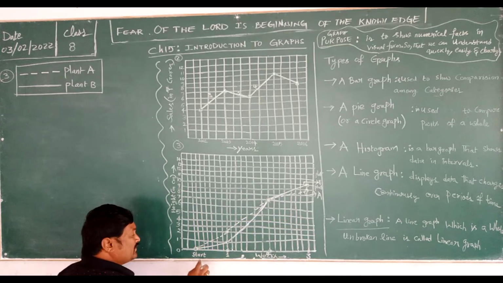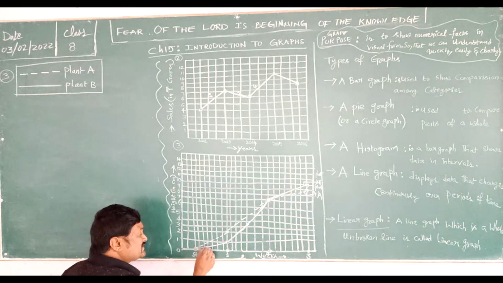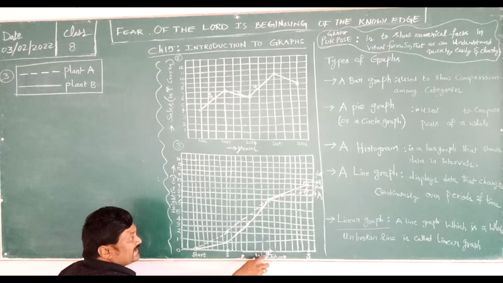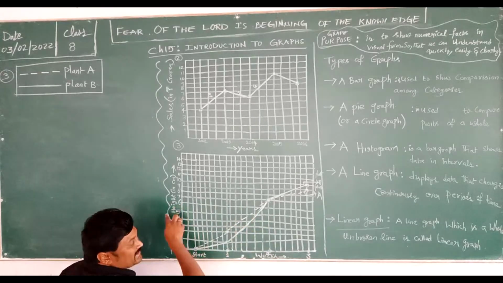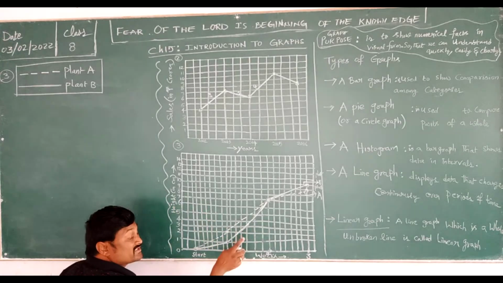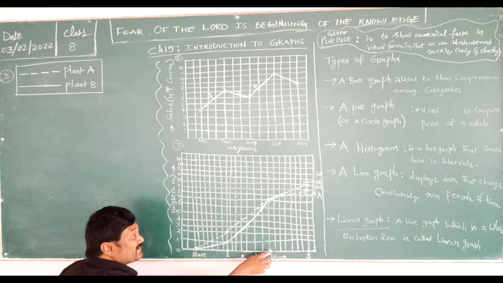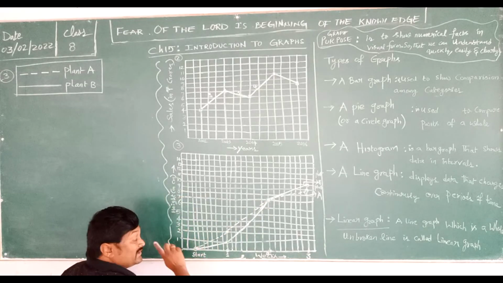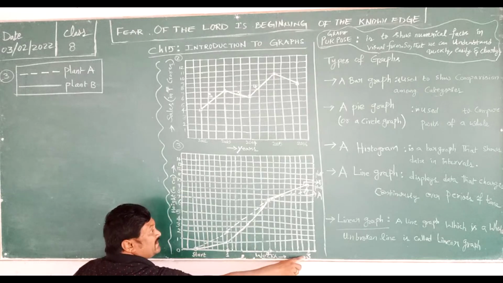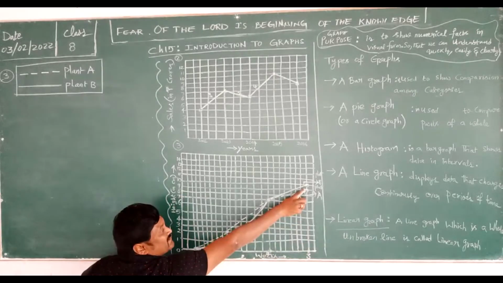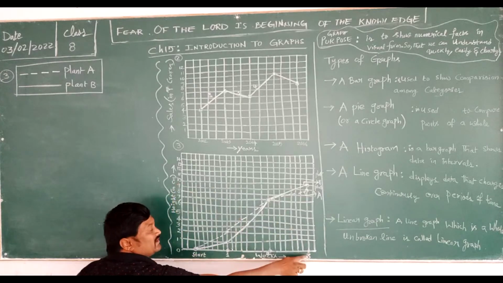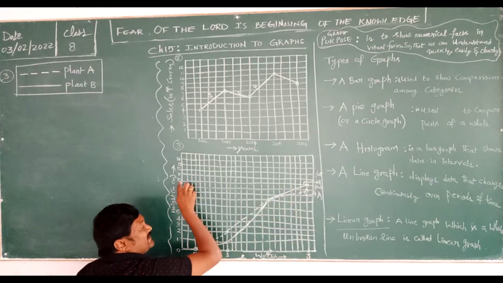Similarly now the second plant, which is this line, you need to check. First week it is 1 centimeter, second week it is 7 centimeters. You noticed that in the second week both plants' heights are the same, 7 centimeters only. Now third week, what is plant B's height? Let's check here. Plant B's height is 10 centimeters in the third week.